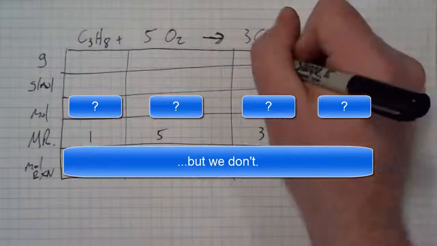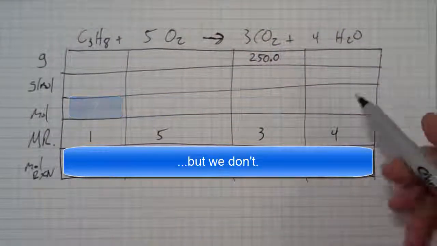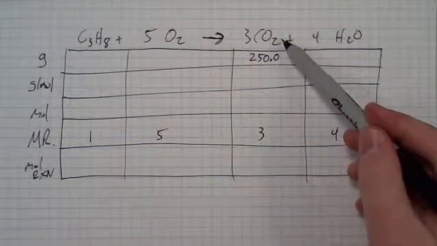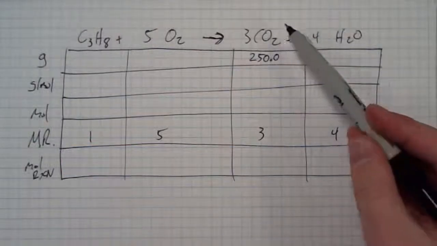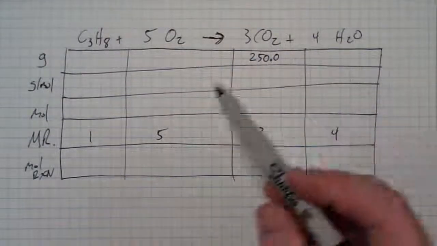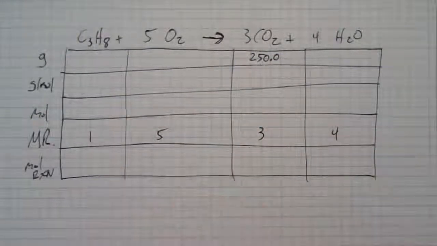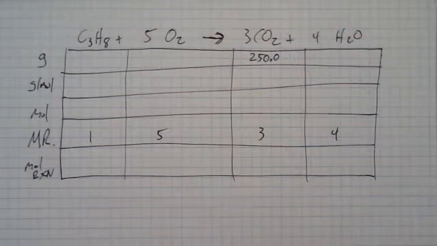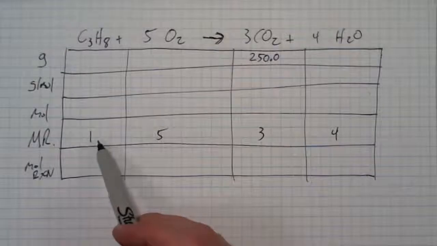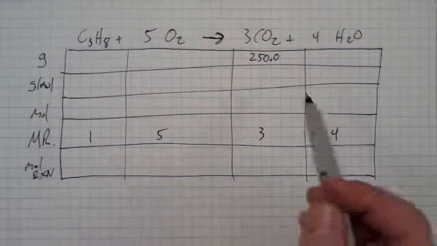What we have in this problem is 250 grams of carbon dioxide. That, I can tell you right now, is not going to work out to be 3 moles. So this is not just a nice 1 to 5 to 3 to 4, it's going to be some other numbers. It'll still be the same ratio, just not those exact numbers. So let's find out what those numbers are.